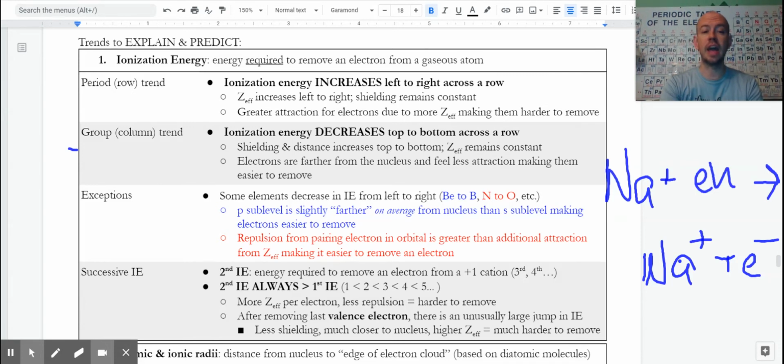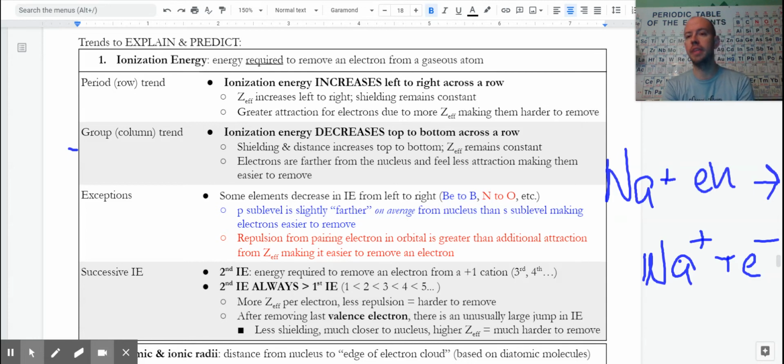The reason for that is we still have the same amount of Zeff, but fewer electrons. There are fewer electrons repelling one another, kind of pushing each other out. So it becomes harder to take one away. And there is more positive charge per electron.